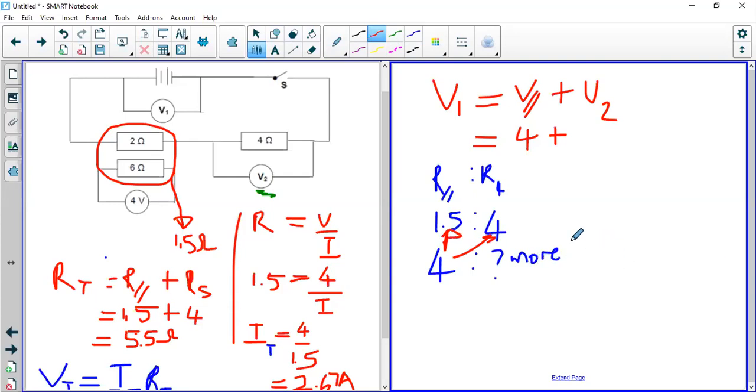So 4 over 1,5 multiplied by 4. That will give me the answer. So it's 4 times 4 divided by 1,5. Right, my answer is 10,67.